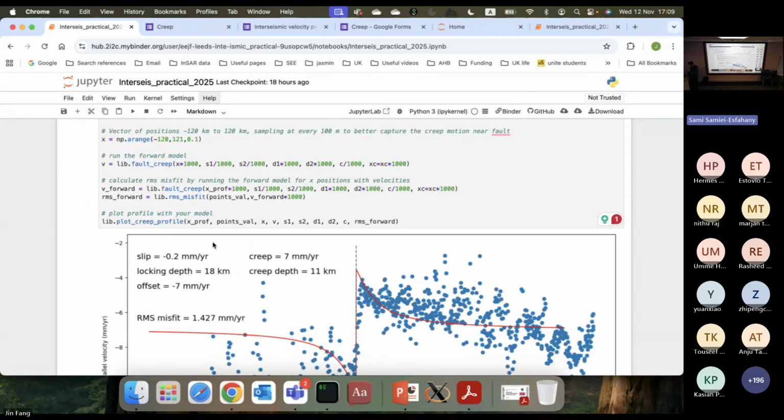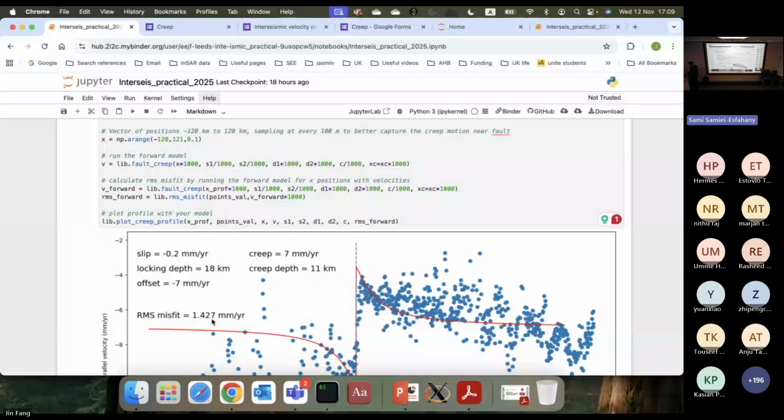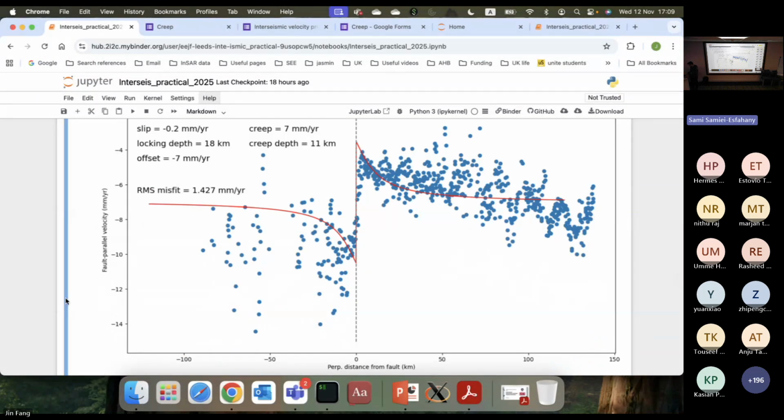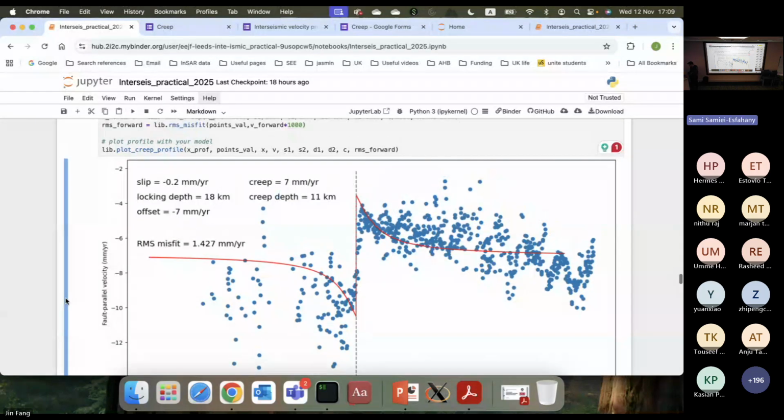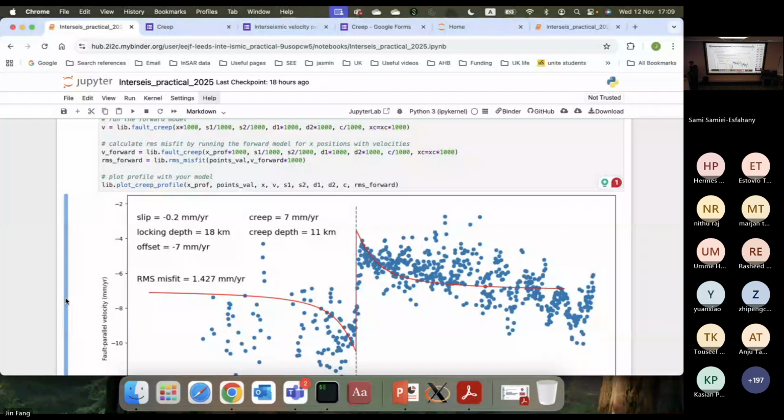Let's have a look. 1.4 to 7. Yeah, looks a reasonable fit. Anyone got a better answer?